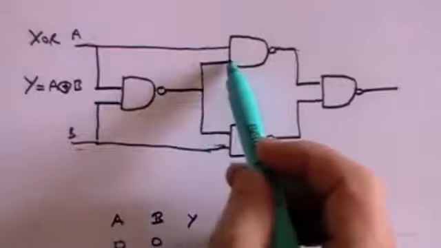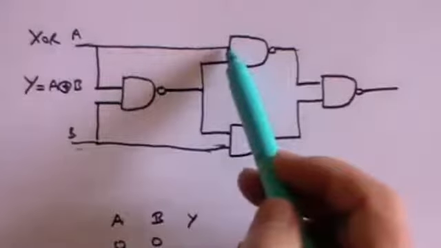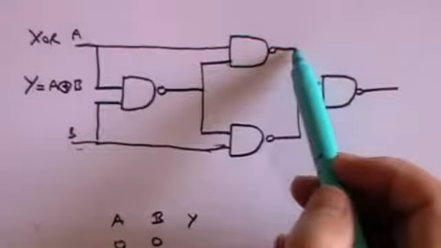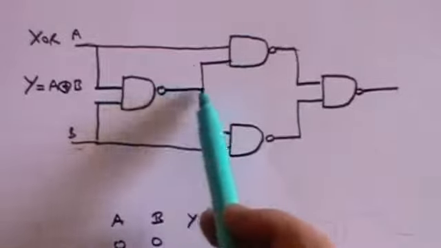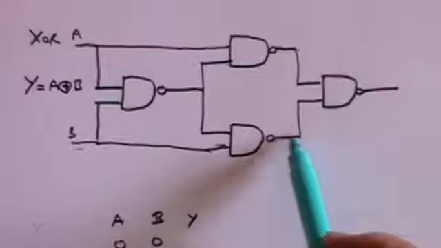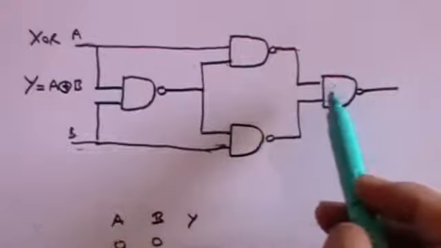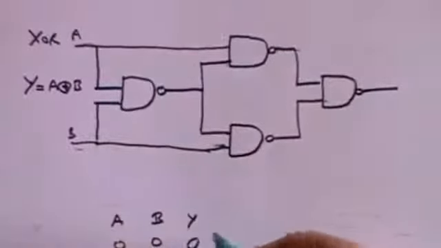So we'll now have a positive output going in here with a 0 coming in here. A 1 and a 0 still gives you a positive output. Similarly here, remember we had a positive output going in with a negative, that still gives a positive output. We've now got positive coming in here, positive coming in here, and 2 positives going through a NAND gate will give you a 0 output.